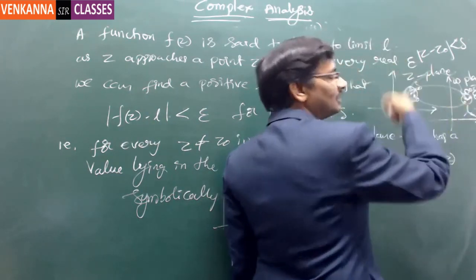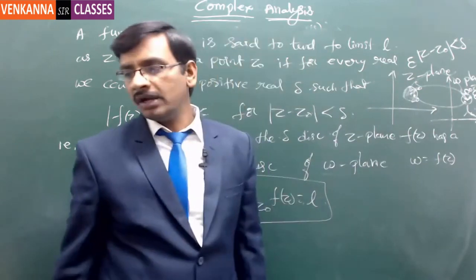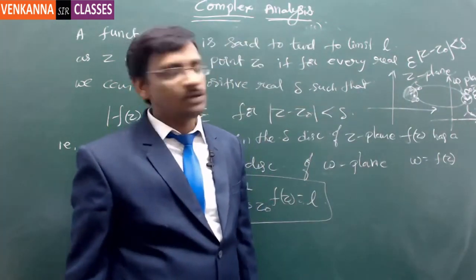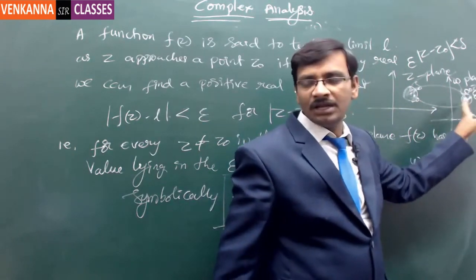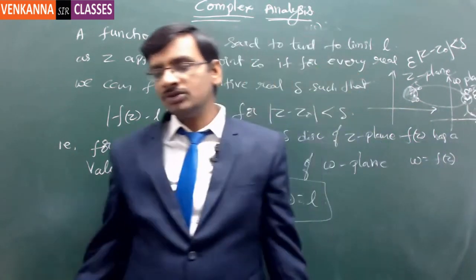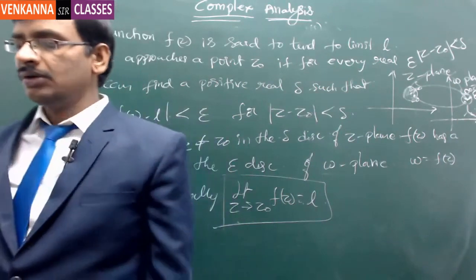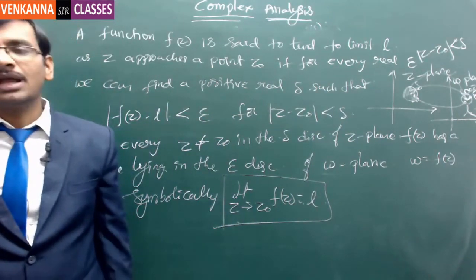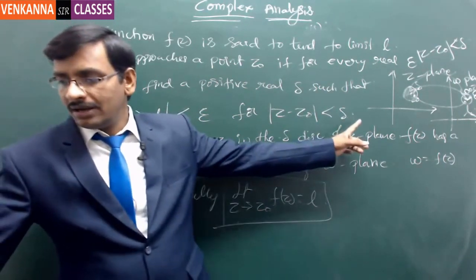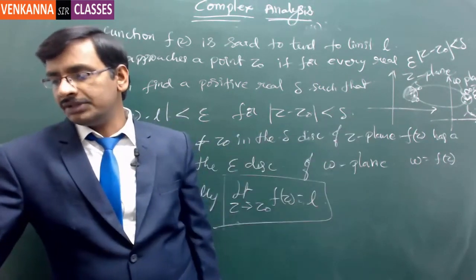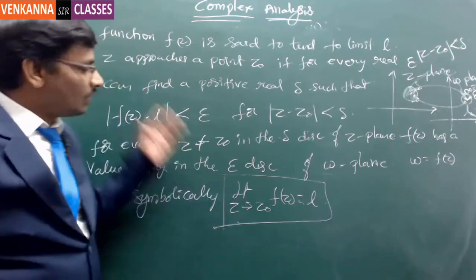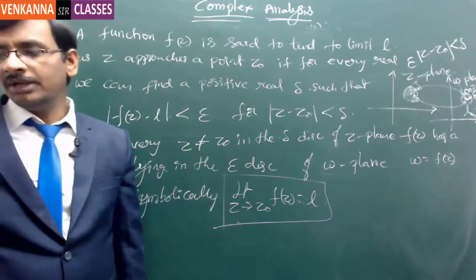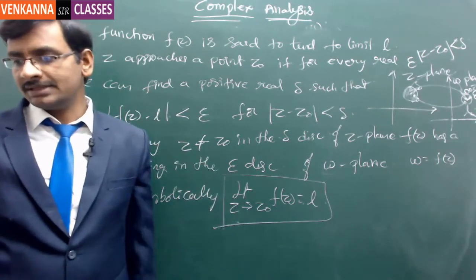As long as within this delta circle, if you are able to identify the point and find the function value, it should be within the region of L with a radius of epsilon, which is almost 0 again. Got it or not? You are trying to limit the values to a confined value. Here delta and there L, that's it. Epsilon disk. Got it? Understood? This is the definition of the limit in the case of complex analysis.